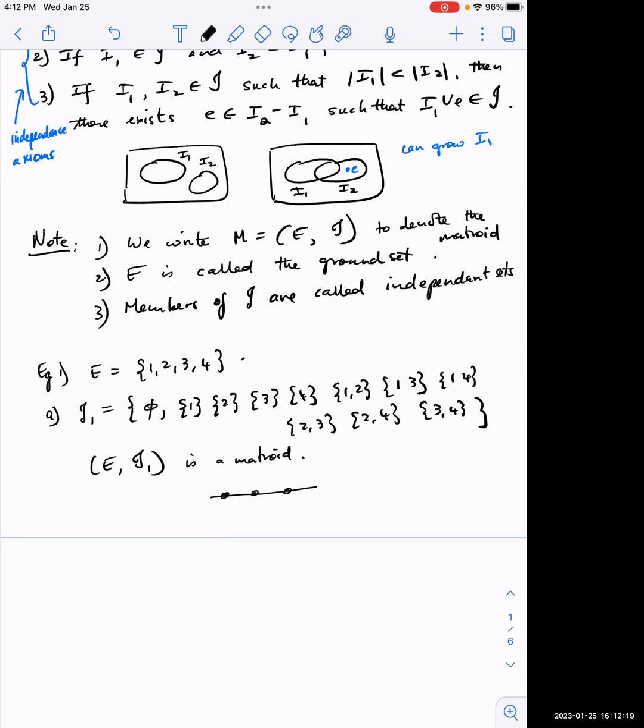But here, if there are just 2 points on a line, then they're independent. So since the singletons are independent and the pairs of points are independent, this is one way of representing this Matroid. This is a geometry, as in points and lines, not graphs.